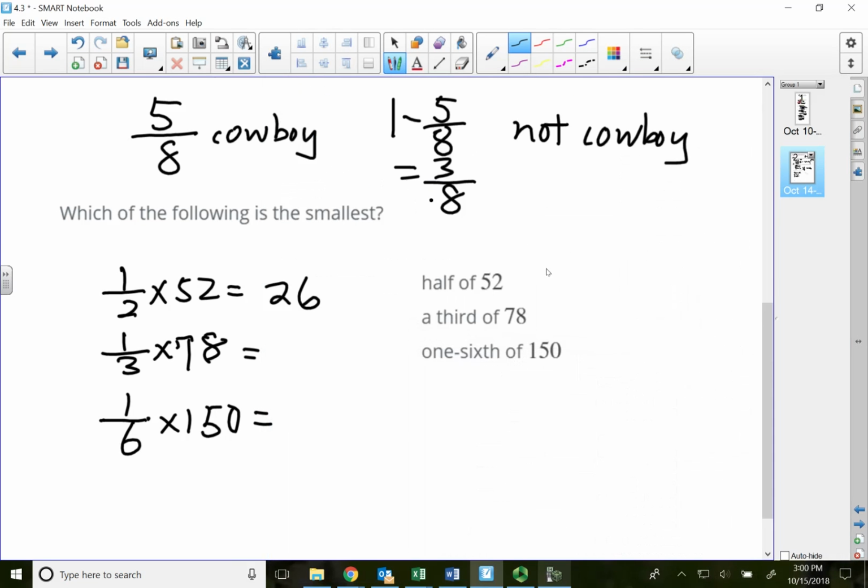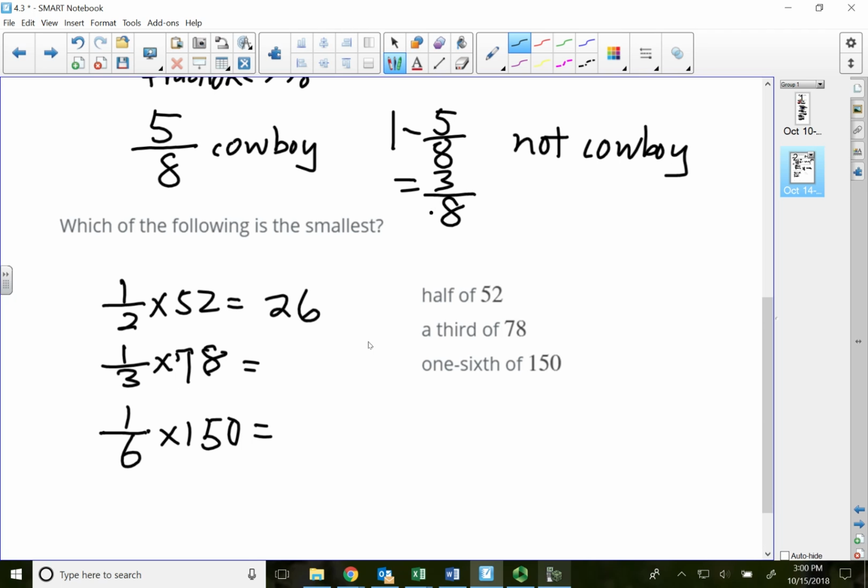I sure froze it. I'm just going to do it on my calculator here on my desk. If you type in 78 times parenthesis 1 divided by 3, that will be 26 as well. Typing 1/6 in parentheses times 150, that's 25. So the smallest has to be 1/6 of 150.